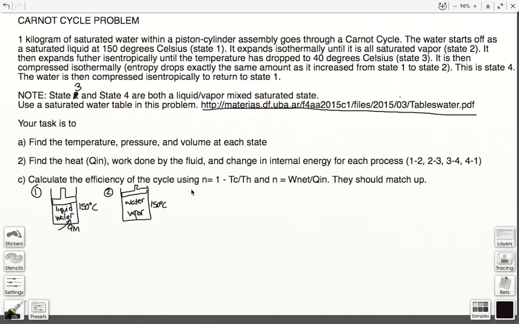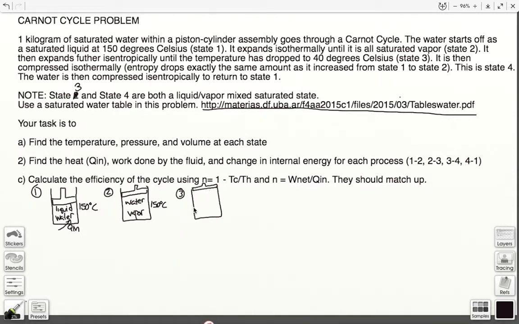Then, in stage 3, we no longer have any heat coming into our system, but the water vapor will continue to do work and the piston will continue to rise.